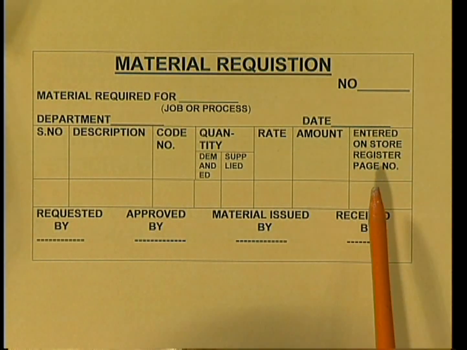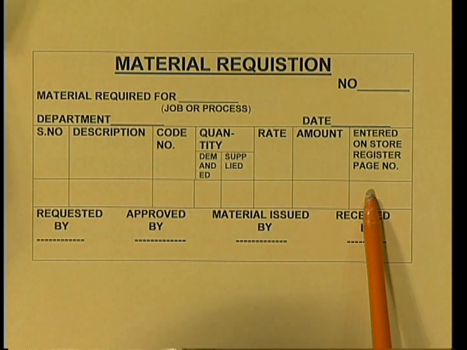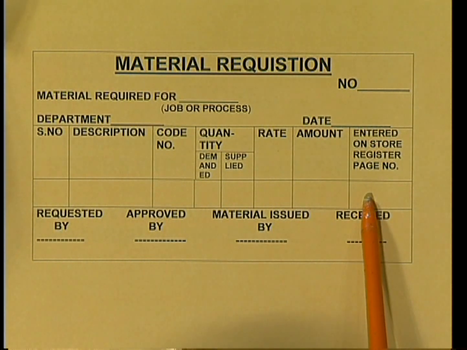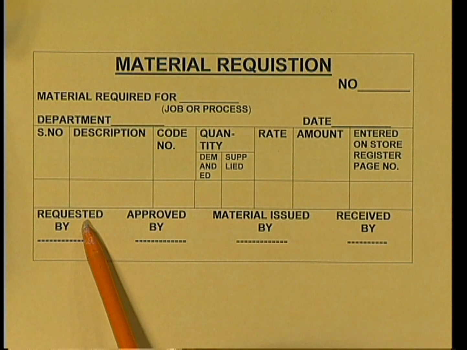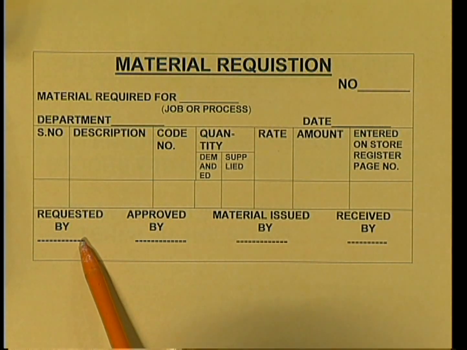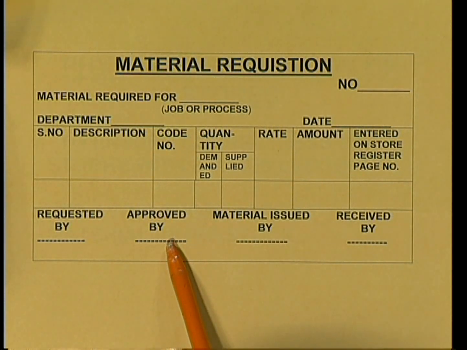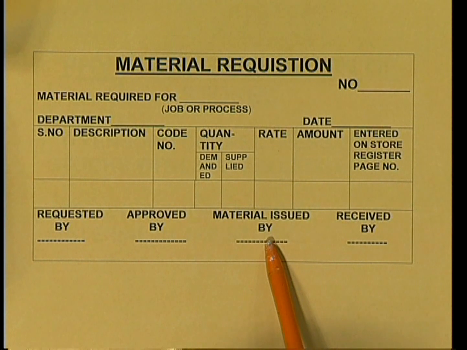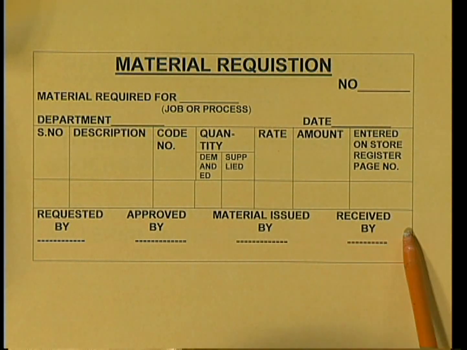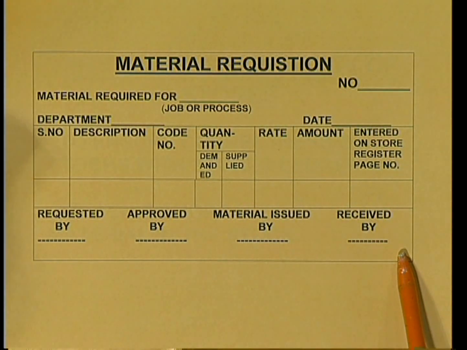That number will be written on the stores ledger, and the stores ledger page number will be written here. Then the signatures will be there: requested by production department, approved by either stores officer or production manager, etc. Material issued by storekeeper, received by the concerned person from the production department.